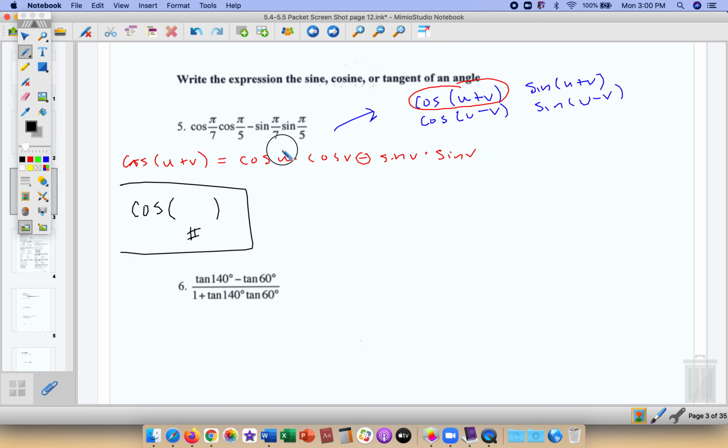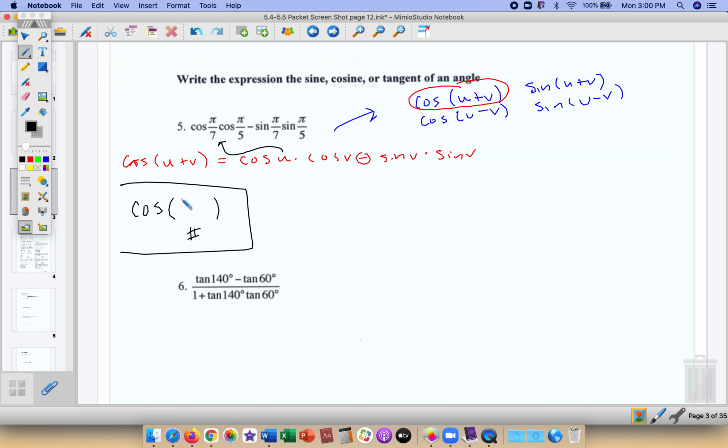So in the u spot, we see pi over 7. In the v slot, I see pi over 5. So we know it's going to be cos of pi over 7 plus pi over 5. And we can simplify.